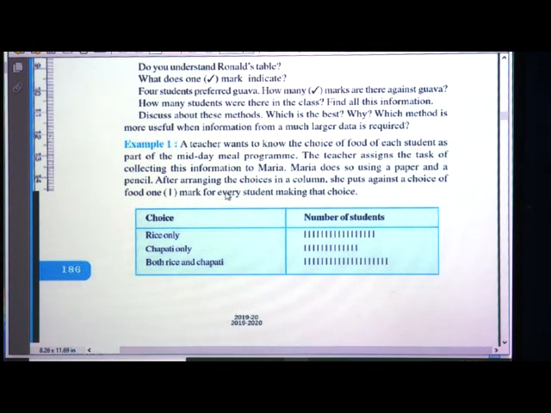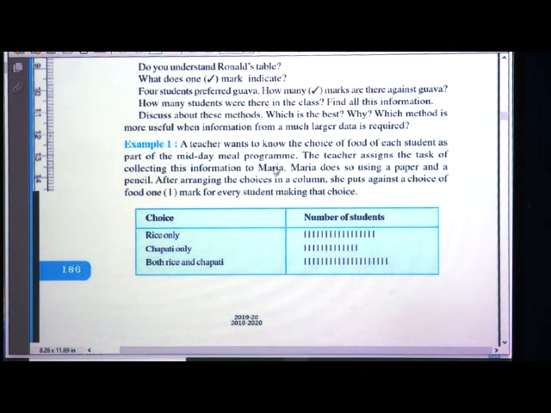After arranging the choices in a column, she put against each choice of food 1 mark for every student making that choice. See, here the teacher wants to know the choice of food of each student as a part of the midday meal program. It is a program where the school provides the midday meal to the students. So, here the teacher assigned the task of collecting the information.